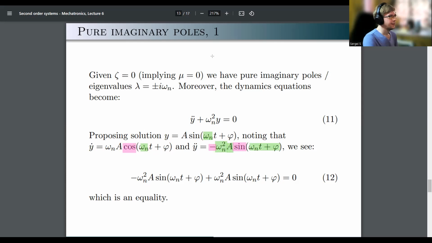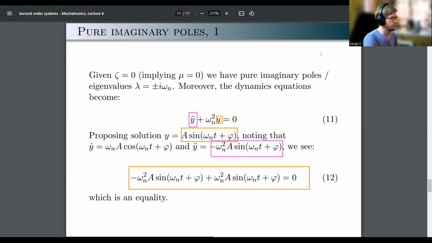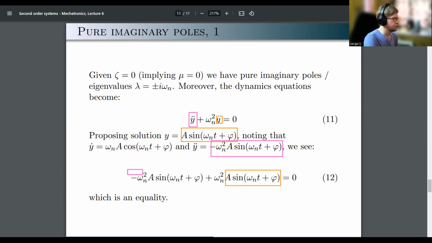Now what I do is substitute this into here, and this into here, and this is what I get. This is what I substituted instead of y, and this is what I substituted instead of y double dot. You can see that they cancel each other. After I substitute, this equation became an equality, with the same expression with a minus sign here and a plus sign here.